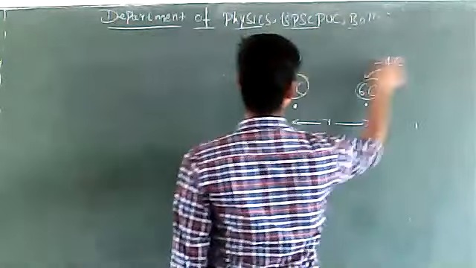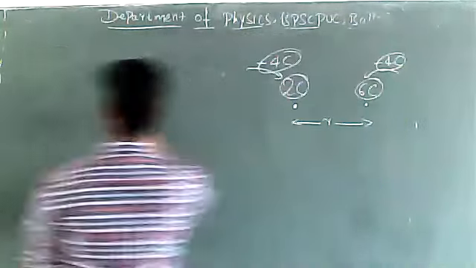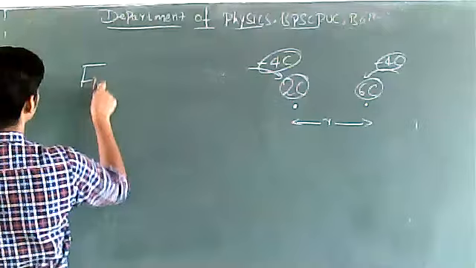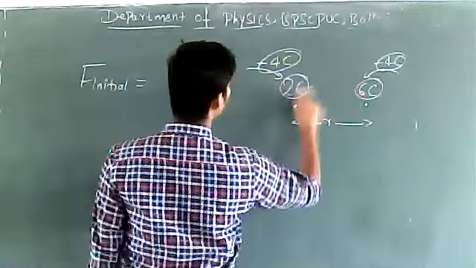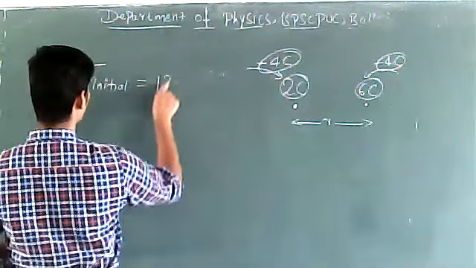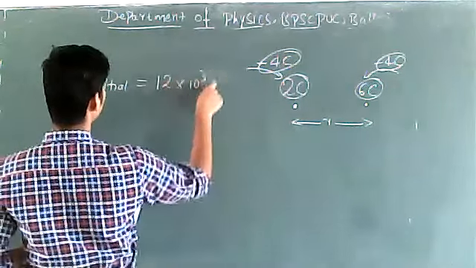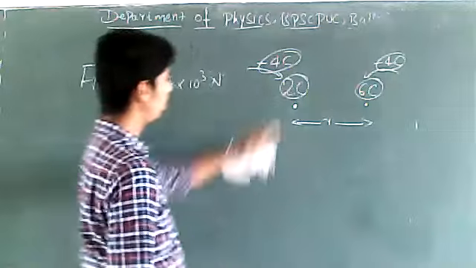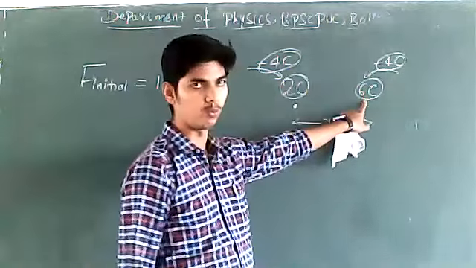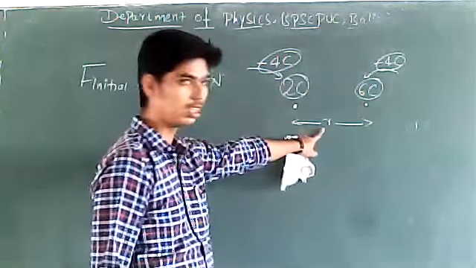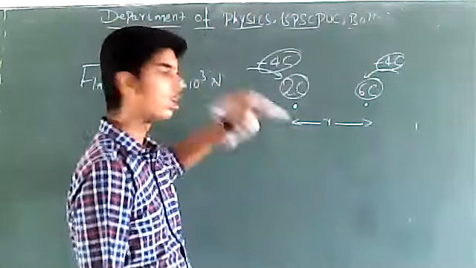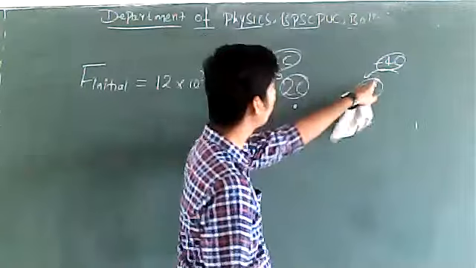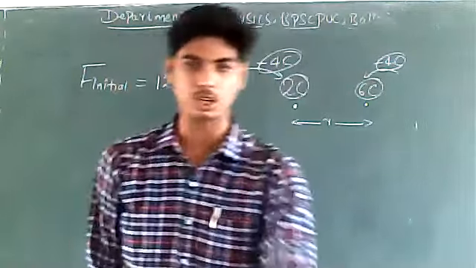Before adding minus 4 coulomb, the force between 2 coulomb and 6 coulomb when separated by distance r in vacuum is 12 into 10 power 3 Newton, right? Now they are adding minus 4 coulomb charge to each of them.